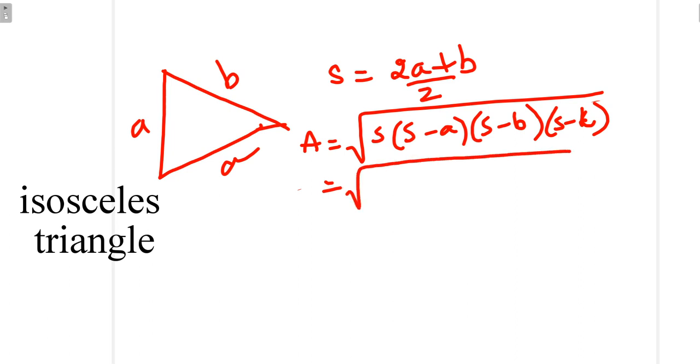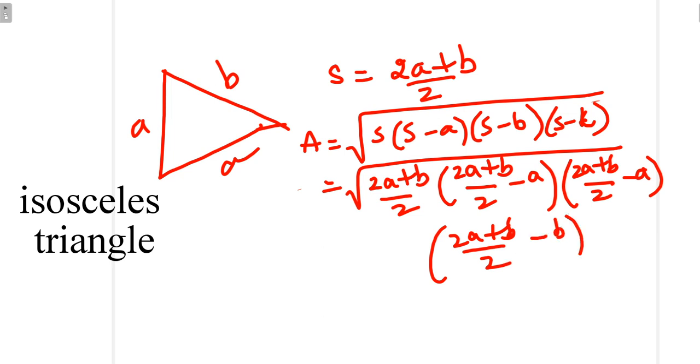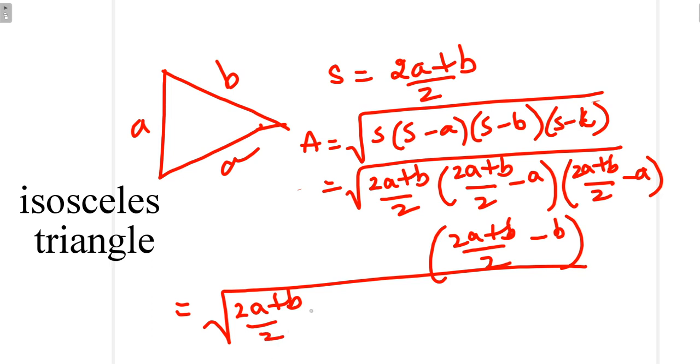Now accordingly, we substitute the S value 2A plus B by 2 into again 2A plus B by 2 minus A into 2A plus B by 2 minus A into 2A plus B by 2 minus B. So when we simplify this, we get under square root 2A plus B by 2 times, when I take the LCM for the first bracket term, 2A plus B minus 2A by 2.